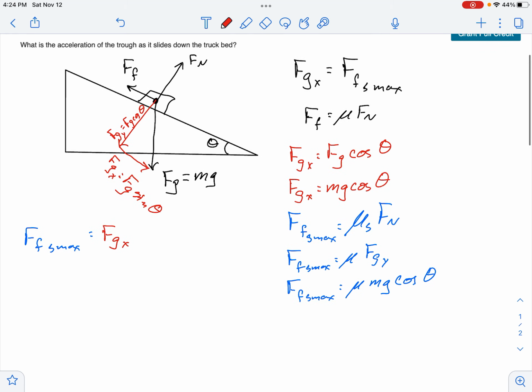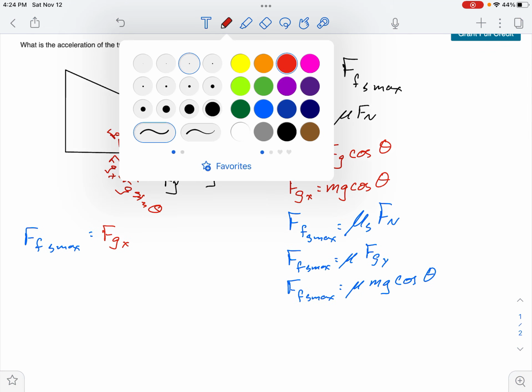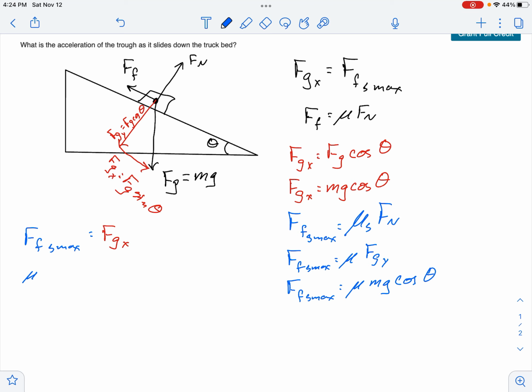I'm going to substitute in what I just figured out. Force of friction static max is equal to mu mg cosine of theta, which is equal to our Fgx, which is Fg sine of theta. And I am very sorry, I just realized that I was plugging in cosine of theta for Fgx all along.